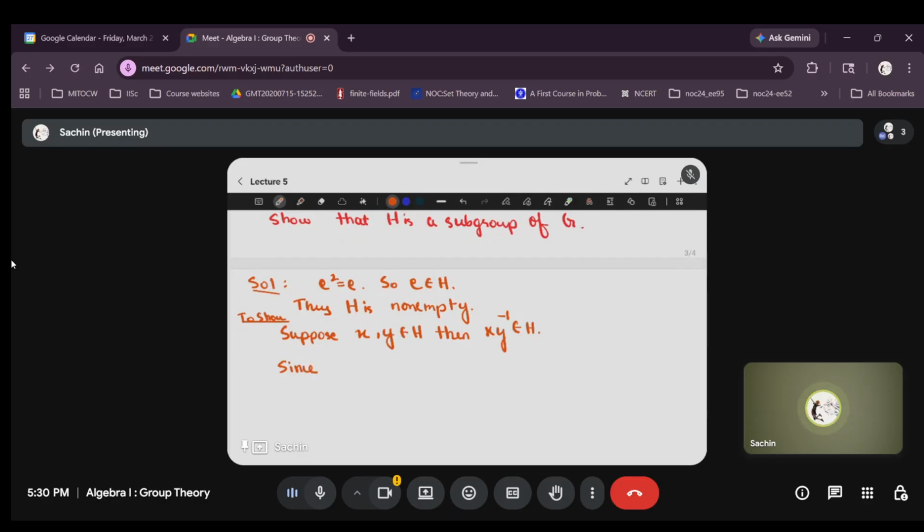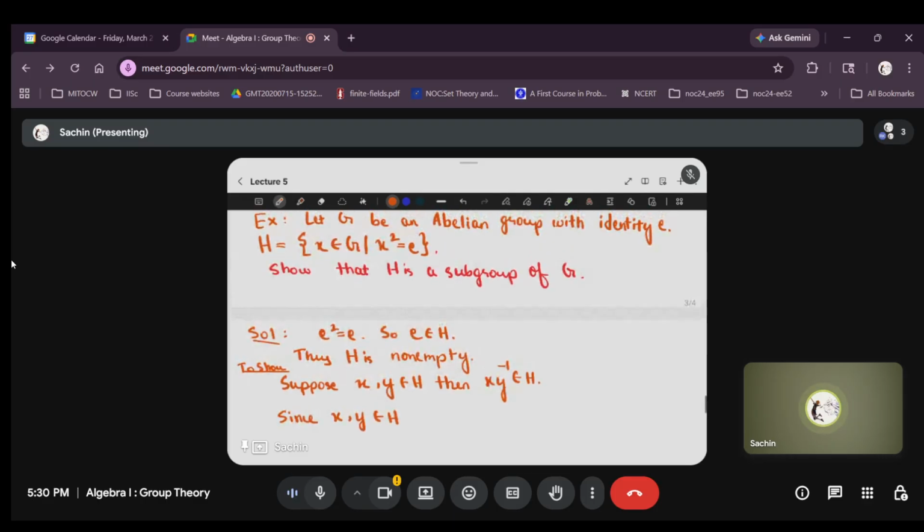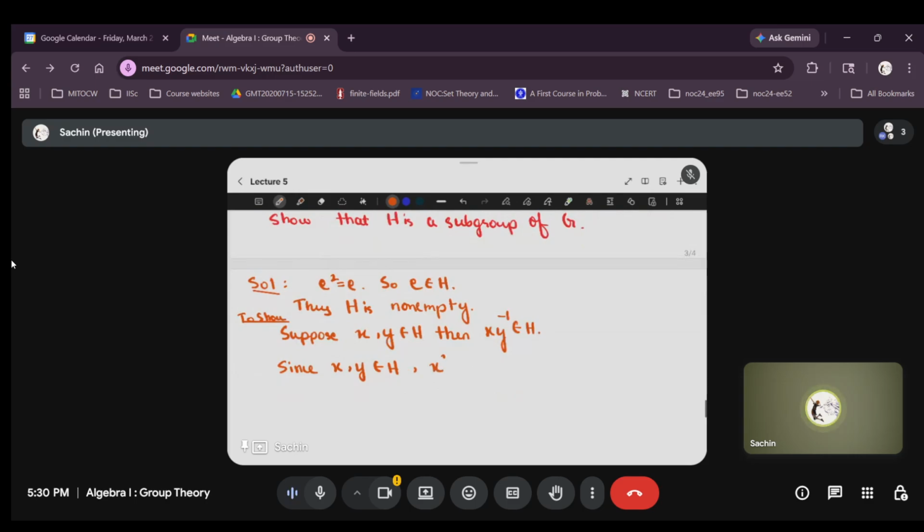And we can show that in this way. Since X, Y belong to H, what is H? It is the set of all elements whose square is the identity. So that means X square is the identity, Y square is equal to E. What do we need to show?